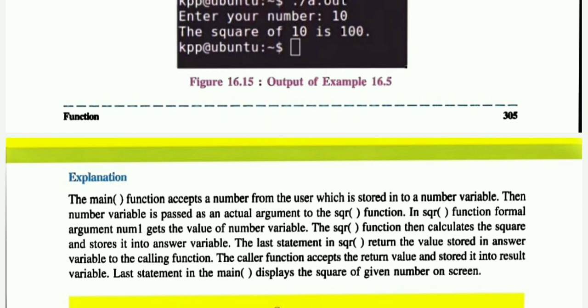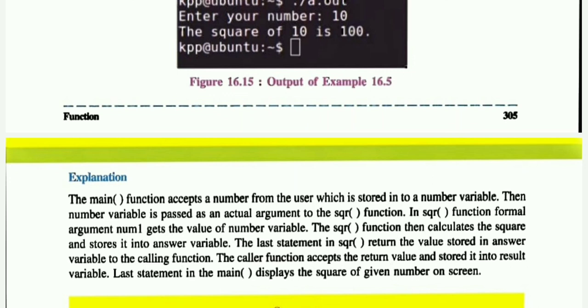The square function then calculates the square and stores it into the answer variable, and the last statement in square returns the value stored in answer to the calling function. The caller accepts the return value and stores it into the result variable. And the last statement in main displays the square of the given number on the screen.